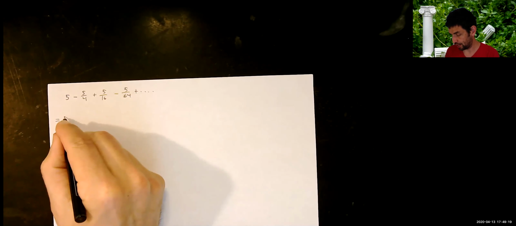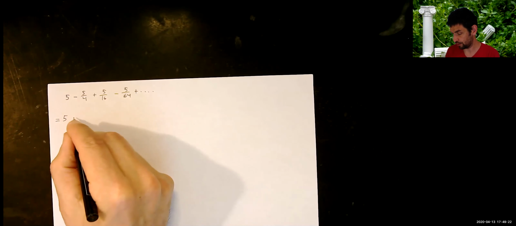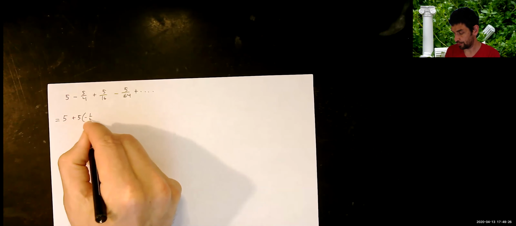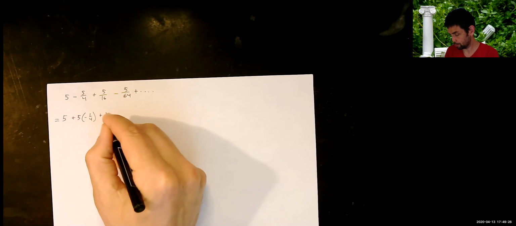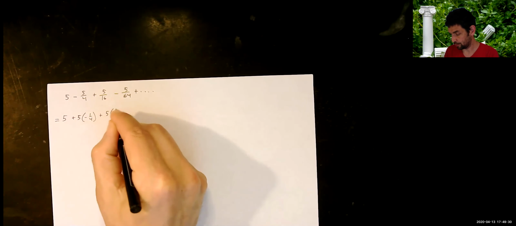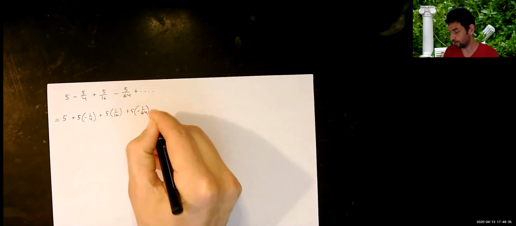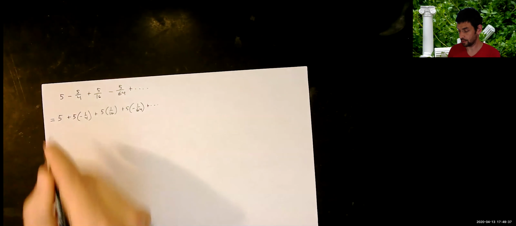I notice this 5 in each of them, so I might want to write this as 5 plus 5 times -1/4 plus 5 times 1/16 plus 5 times -1/64, and on and on and on.